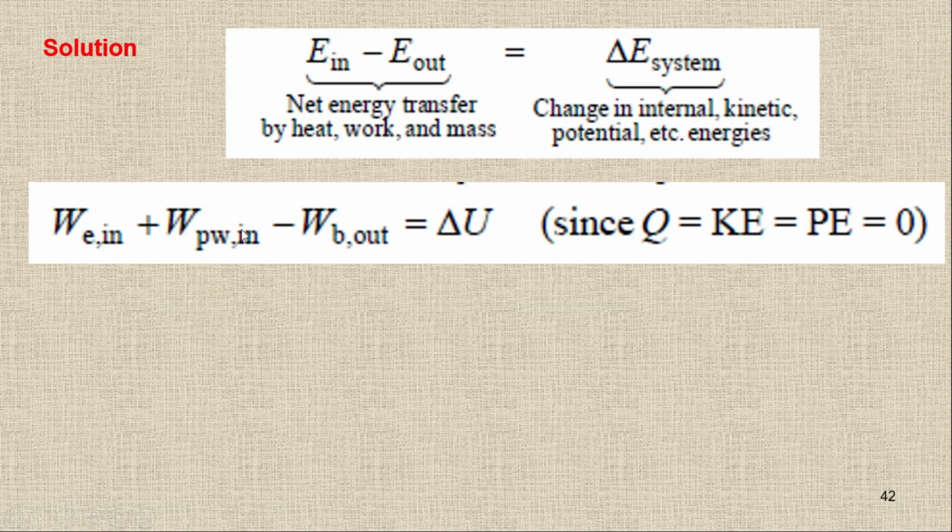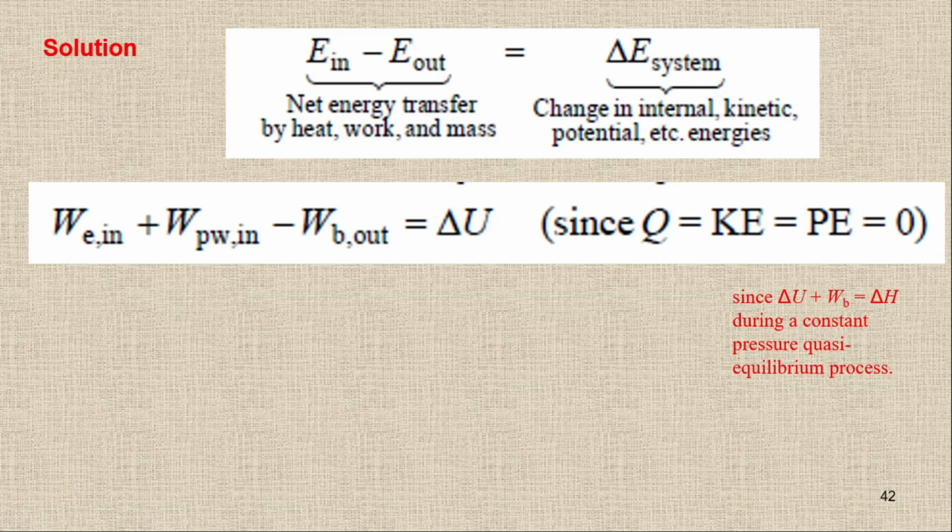Paddle wheel work is given, and the electric work voltage value is not given. While in the question it is mentioned that the process is a constant pressure process. So if it is a constant pressure process, then I can simply combine these terms, as we have already solved in the previous questions.